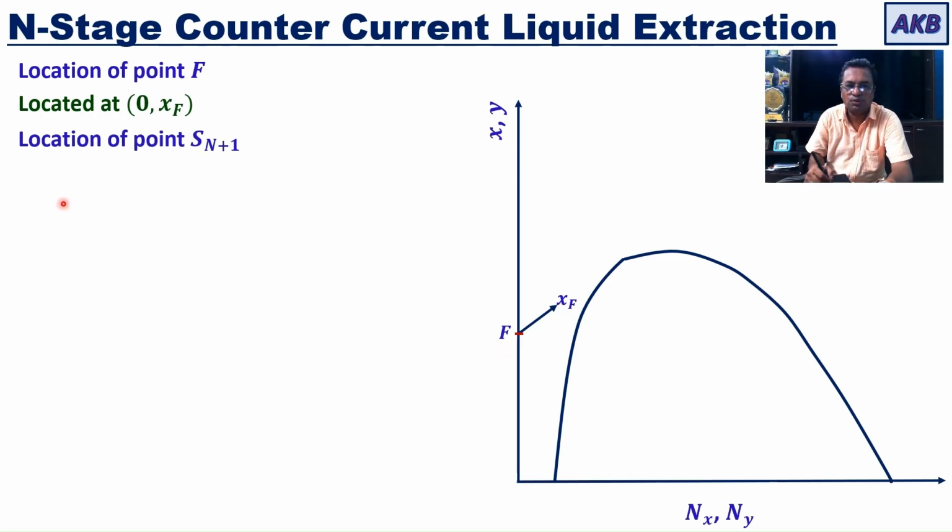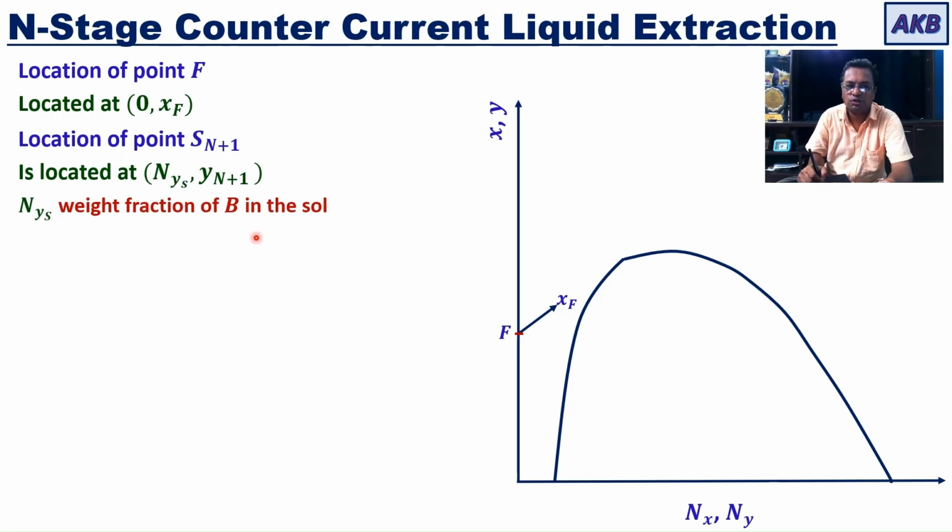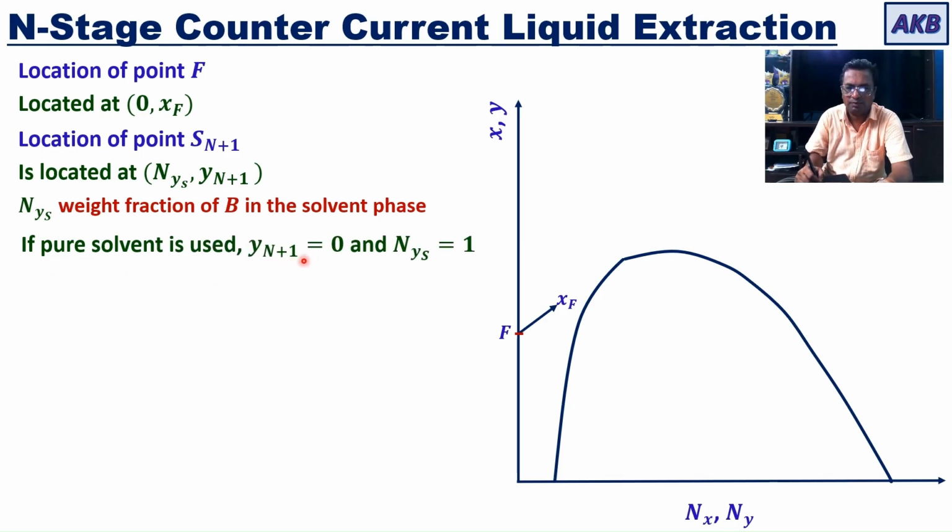Then we have to locate the point Sn plus 1. The next task is the location of point Sn plus 1. Sn plus 1 will be located at a point which has coordinates nys, ys, where nys is the weight fraction of B in the solvent phase. If you are using pure solvent, then ys will be 0, because there will be no solute in it. There will be just B in it, and if it is only B, its weight fraction will be 1.